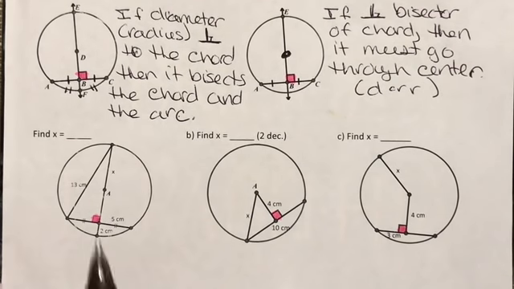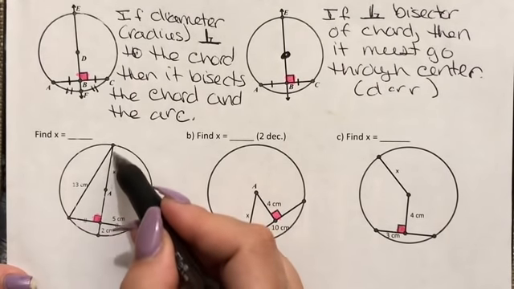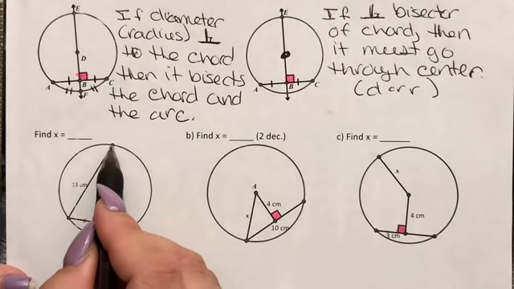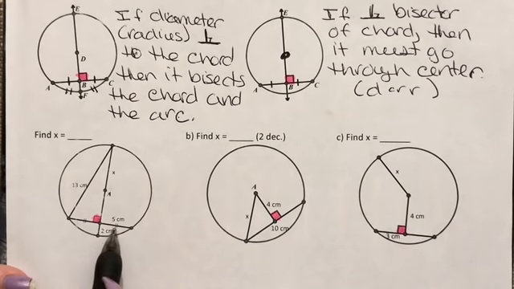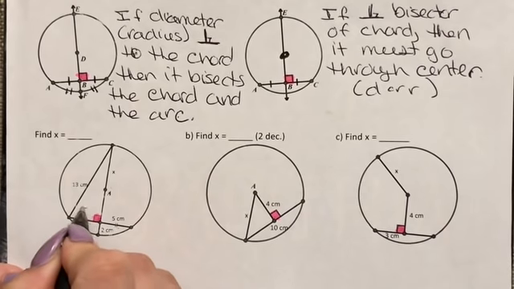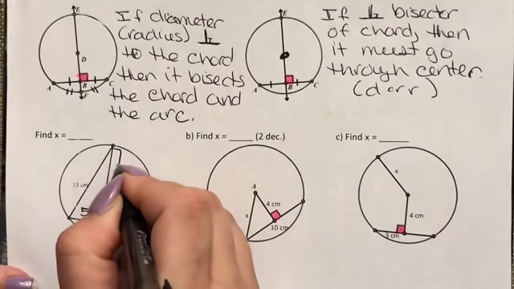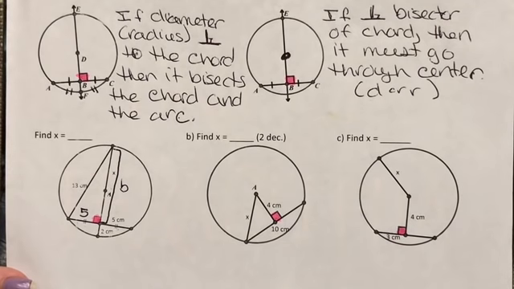So now let's use that information to finish the problems below. In this first one, I am trying to solve for x. I can see that x is the radius. I can also see that I've been given a hypotenuse here, which is 13, and a bisected chord here. So if this is 5, I know that this piece must also be 5. And with that information, I can use the Pythagorean theorem to find this missing leg.